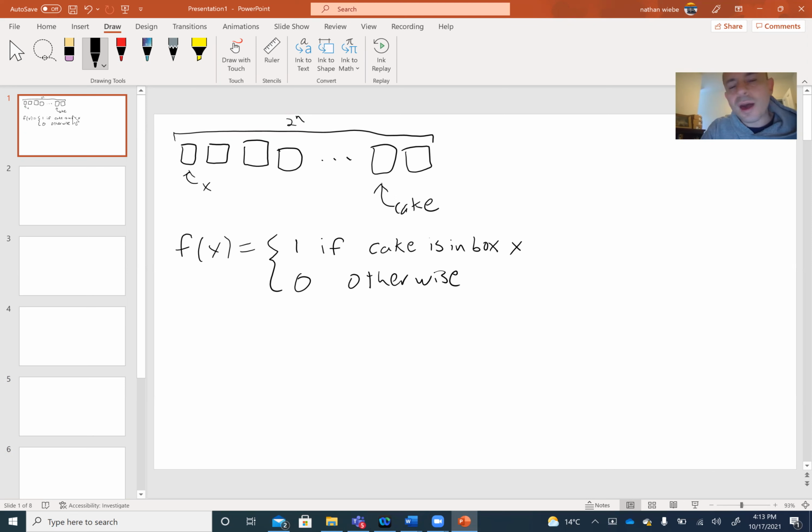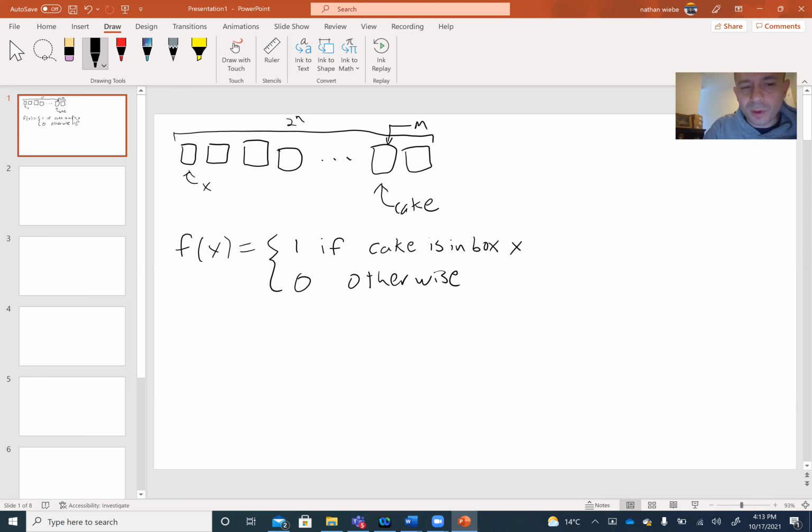Let's assume that the cake, without loss of generality, is in box m in this case. And the question is, how many different boxes do we have to check in the worst case scenario before we find the location that the cake is in?